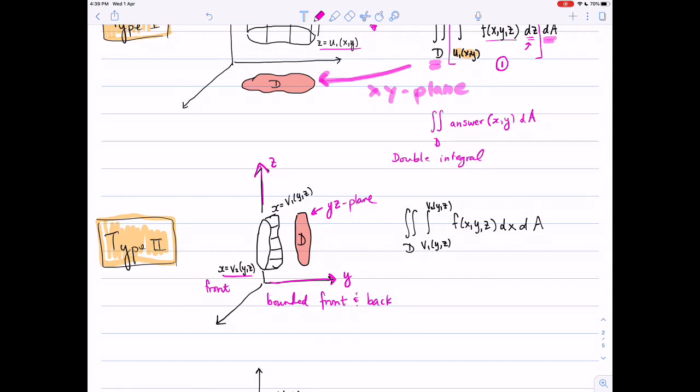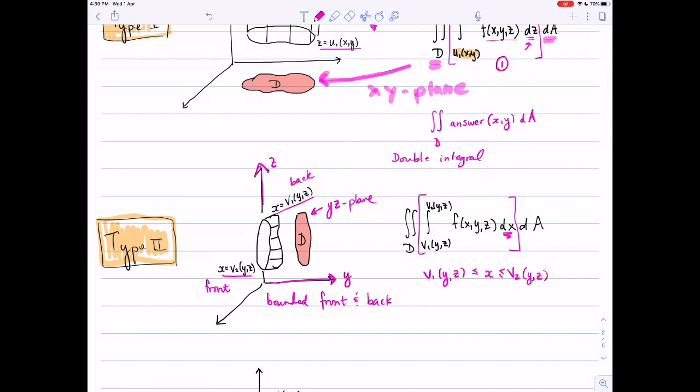So we have this front function, we have this back function, and if we were going to create an inequality for x now, the back is the lower value: v1 of yz is less than or equal to x is less than or equal to v2 of yz. And so we do the exact same thing. We create an inner integral, now in terms of x.